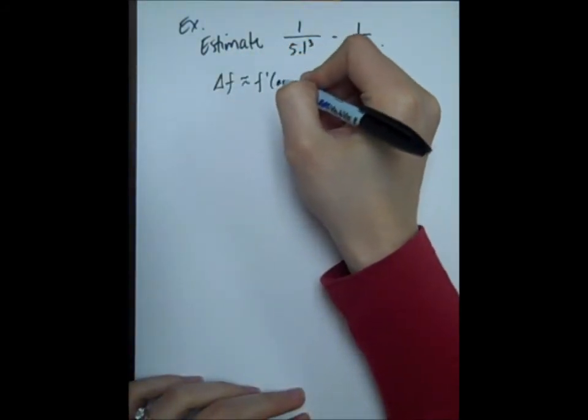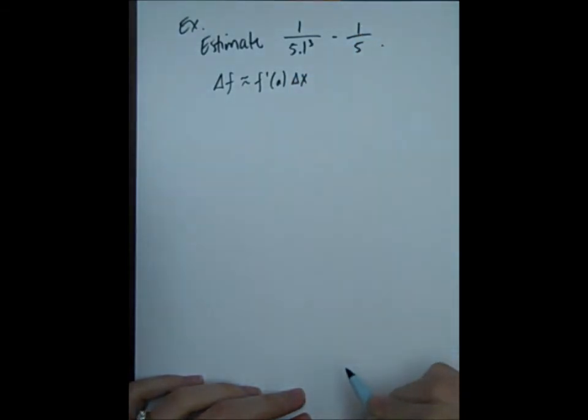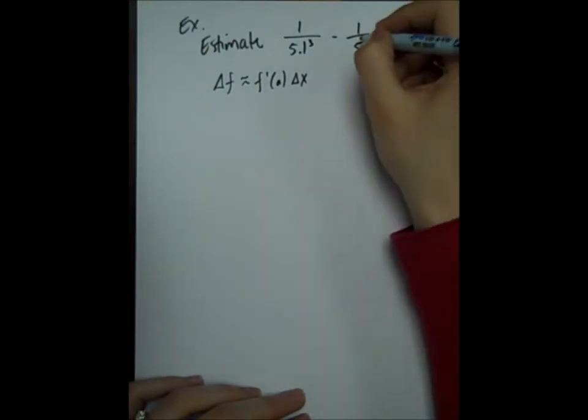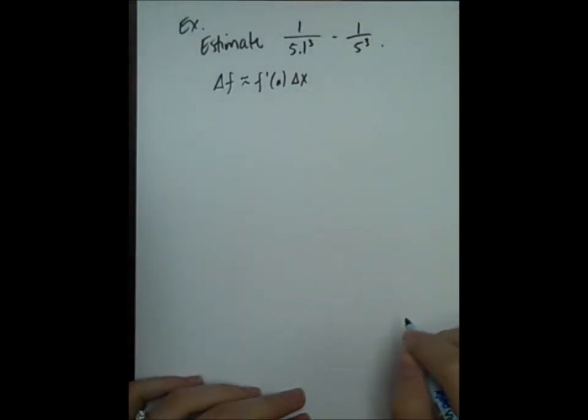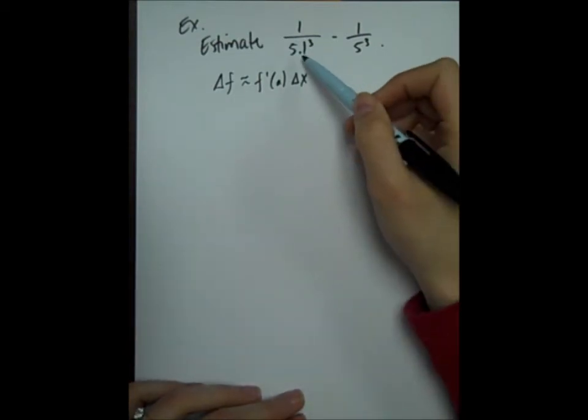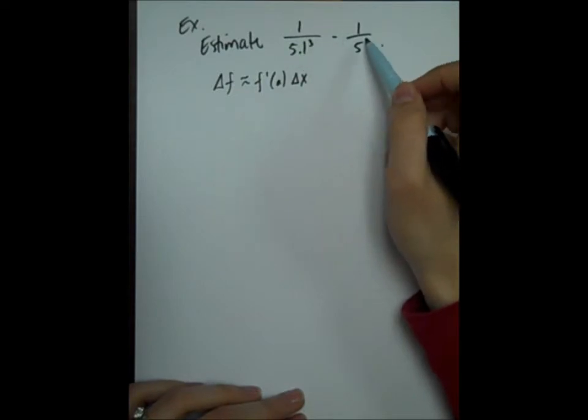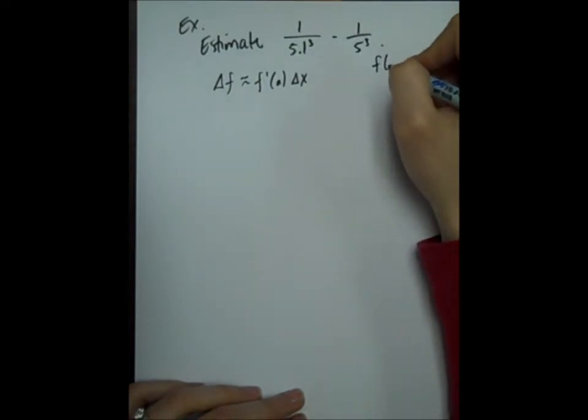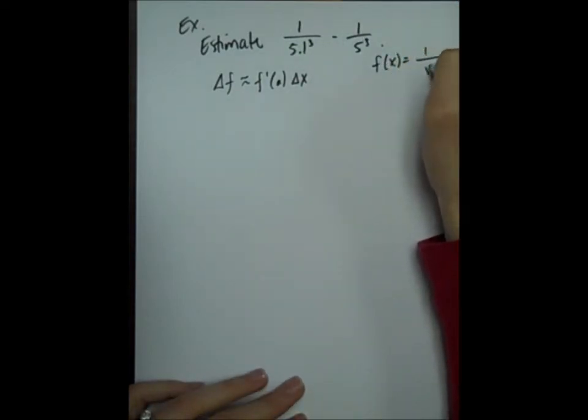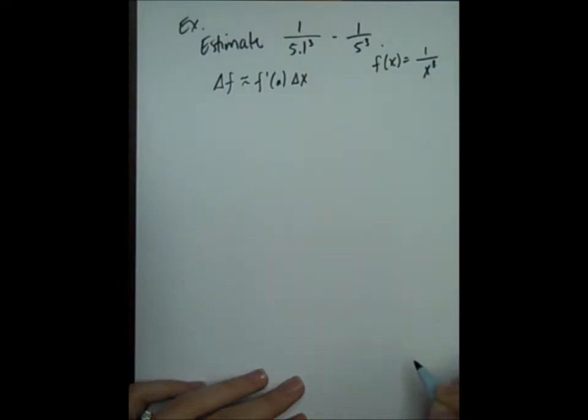So I'm going to be using this equation. The problem is, what is your function? We don't have a function here at all. So what function are we actually plugging numbers into? Well, this is 1 over 5.1 cubed and 1 over 5 cubed, so I think our function here is 1 over x cubed.